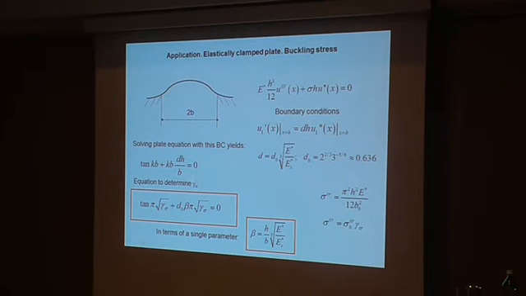So, for example, the problem of finding the critical stress reduces to this simple eigenvalue problem, which is governed by a single parameter. The ratio between the Euler critical stress and the real one is governed by a single parameter, which is the ratio of thickness to length times the cubic root of the elastic modulus ratio.